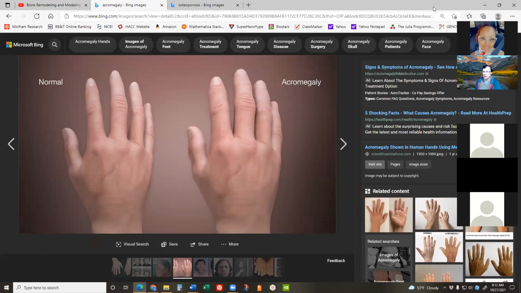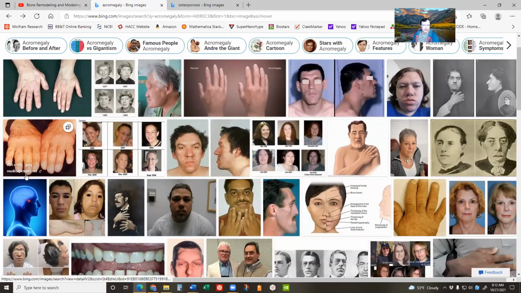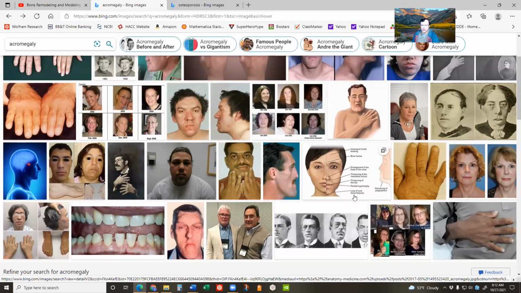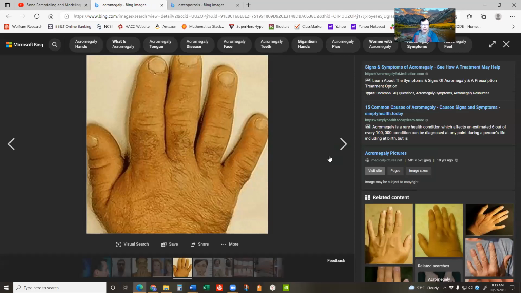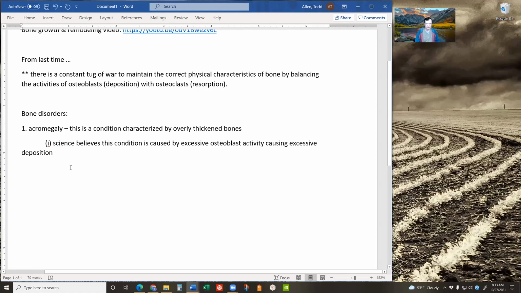Okay, so that's common with acromegaly patients, and you can also see the photos that you see in front of you here. People start to take on very prominent facial features. Look at this poor individual's hand over here, right? I mean, you get an unwanted thickening of the bones. Okay, so that's acromegaly, and that is associated with excessive osteoblast activity.